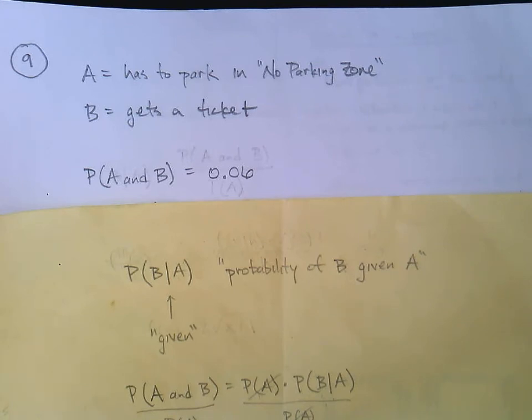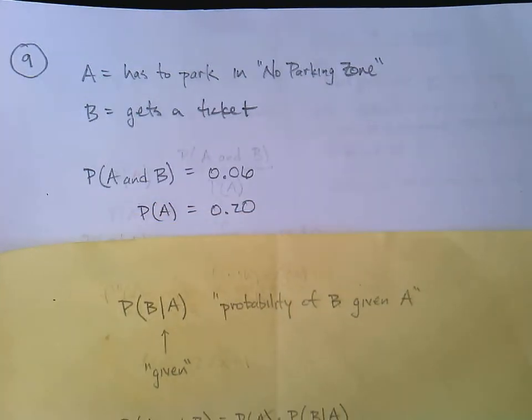The probability that Sam has to park in a no parking zone is 0.20. So that's the probability of A. I have to park in a no parking zone right now. On Tuesday, Sam arrives at school and has to park in a no parking zone. Okay. As it begins the question, we see that Sam has already parked in a no parking zone.